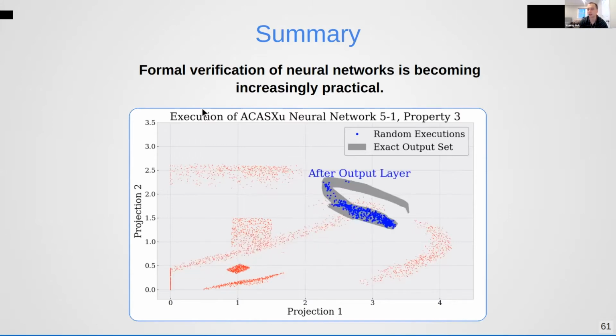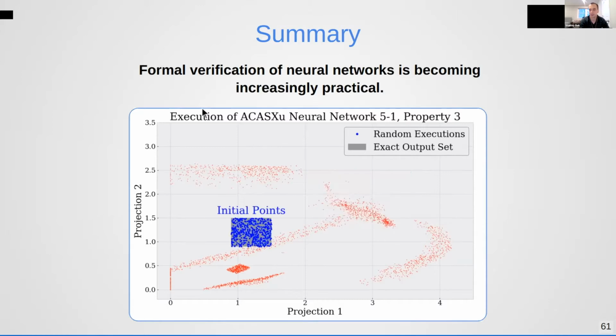This was an example where I could do exact enumeration. There's a lot of examples where you can't, just because the number of sets grows to like 1 billion different sets, and then my analysis just doesn't finish. So you end up having to use over approximation if you want any hope of verifying any properties. Yeah, so I don't know. That's not a great answer, but it's still challenging.